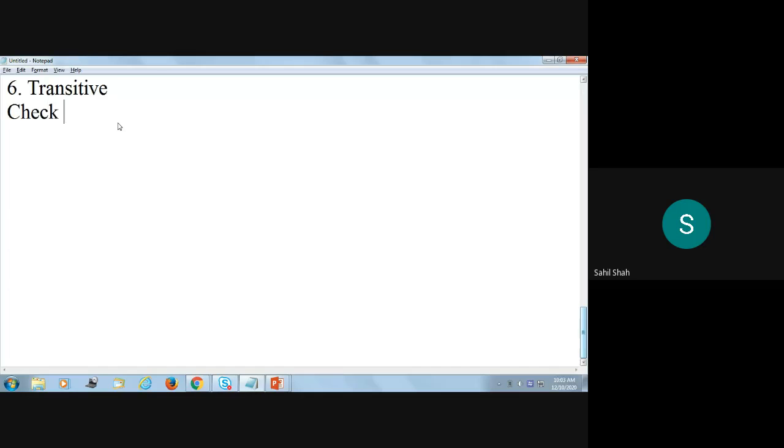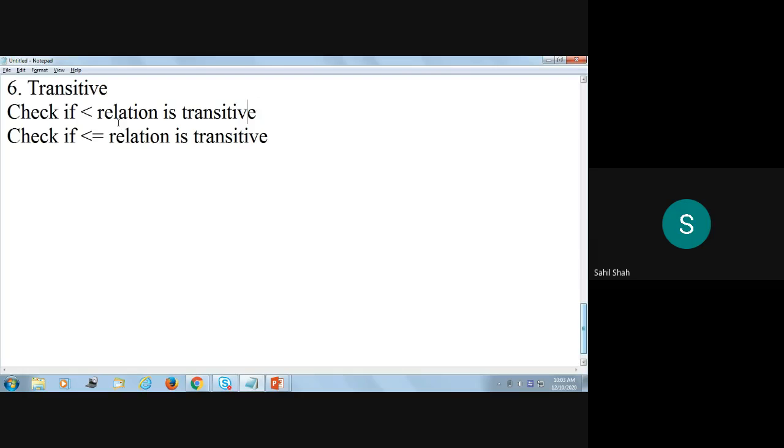Check if the less than relation is transitive. Second, check if the less than or equal to relation is transitive.